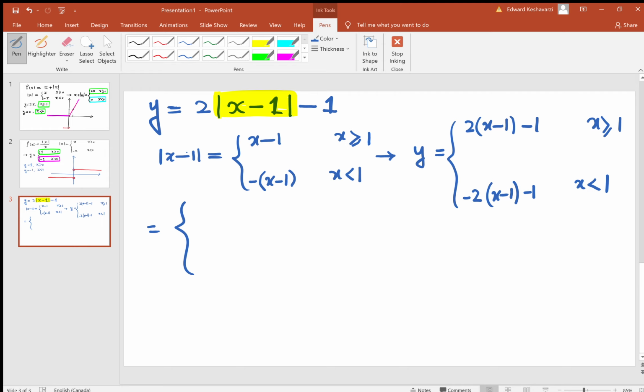And let's simplify this as much as we can. So it becomes 2x minus 3, and here negative 2x plus 1.